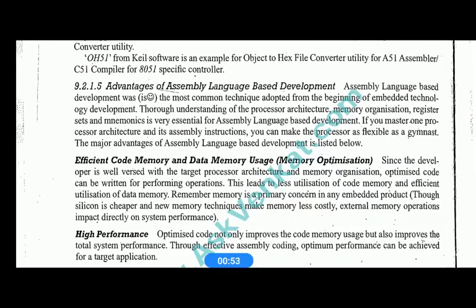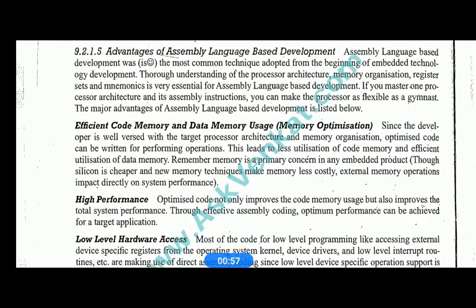The advantages are efficient code memory and data memory usage. The data memory and code memory you can use efficiently, because if you want to write an assembly level language program, you must know about the target processor architecture, its memory organization, and its internal blocks.